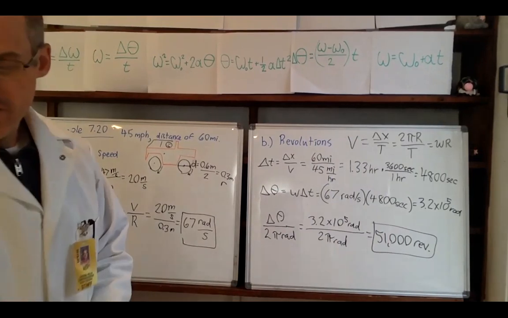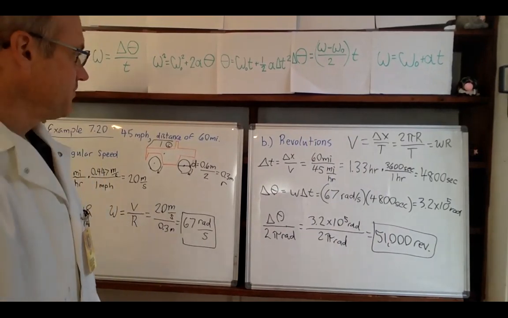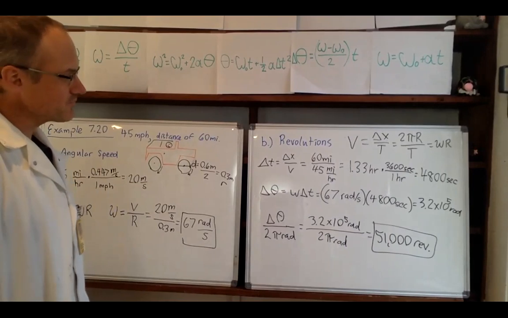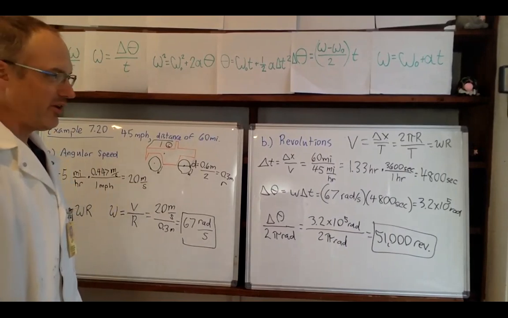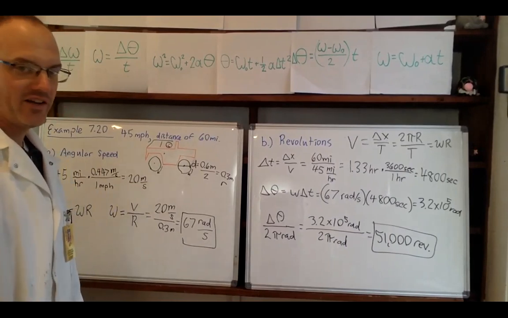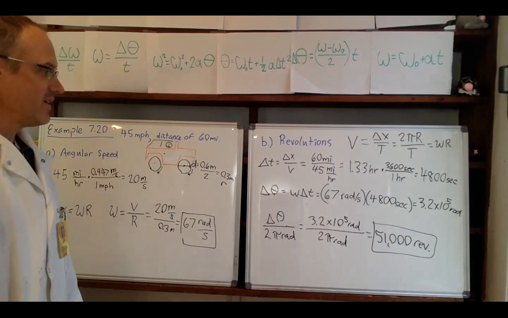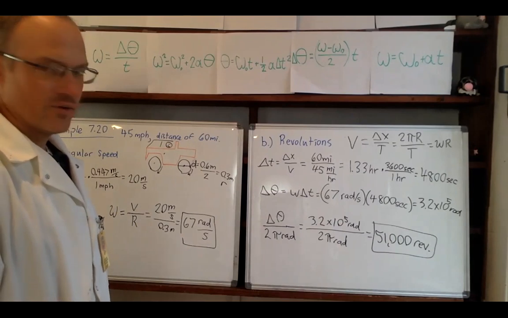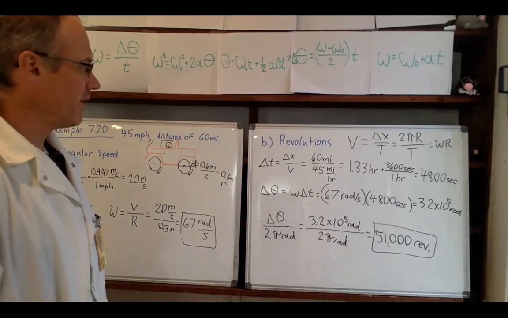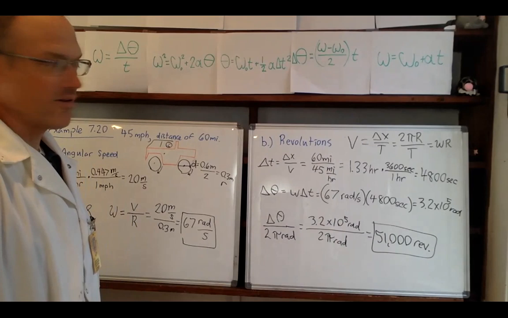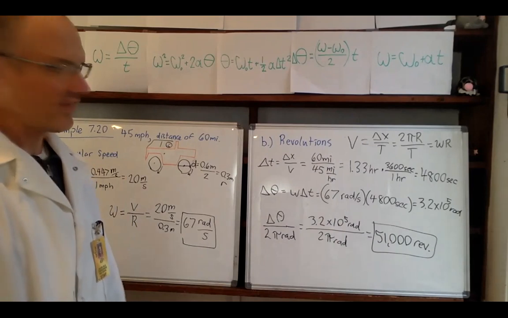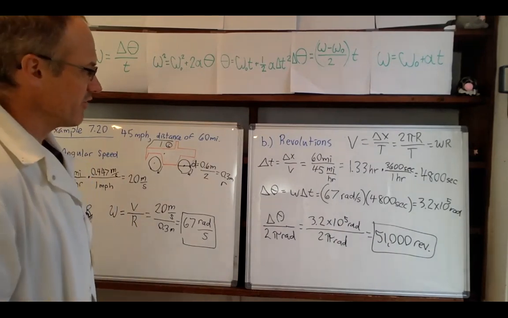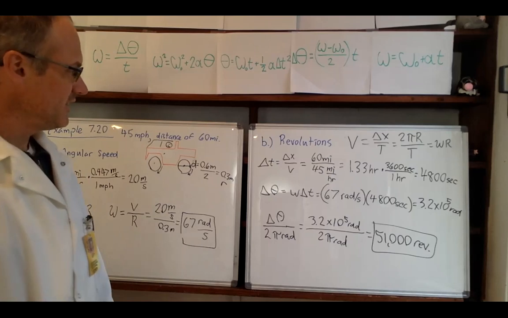Okay, so 51,000 times is the number of times your tire revolves in a 60-mile journey at 45 miles an hour. That's a lot of revolutions. And of course, each tire is rotating that much. So that's a big part of the wear and tear with wheels, is that they have to rotate so much for each trip that you take.